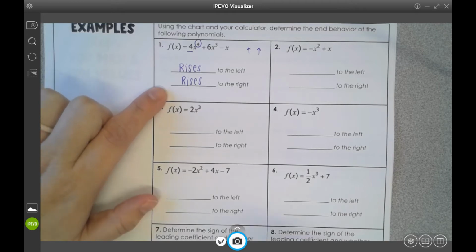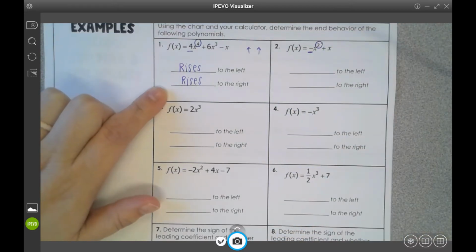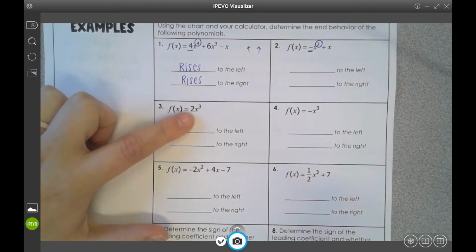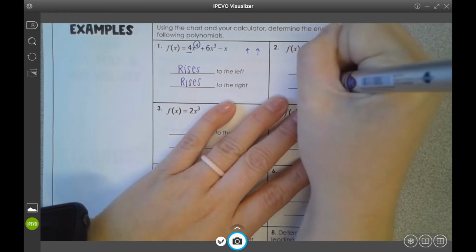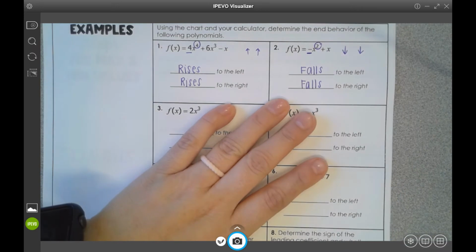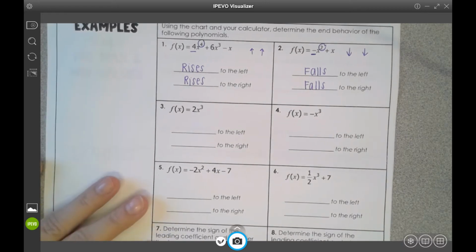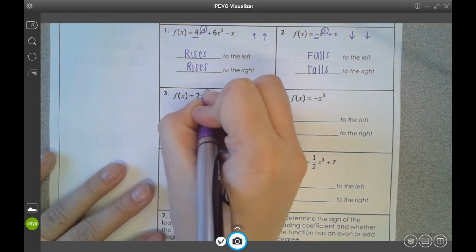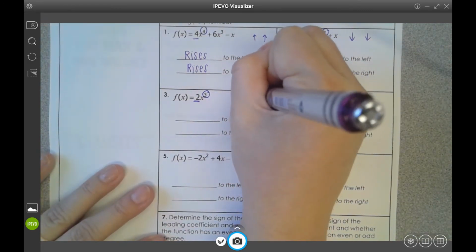Number 2, we have a negative leading coefficient and an even degree. So negative, even, they're both pointing down. So they both fall. Falls to the left, falls to the right. Number 3, we have a positive, odd, down, up.